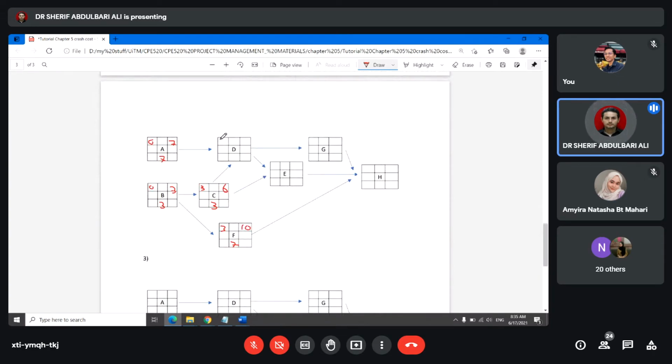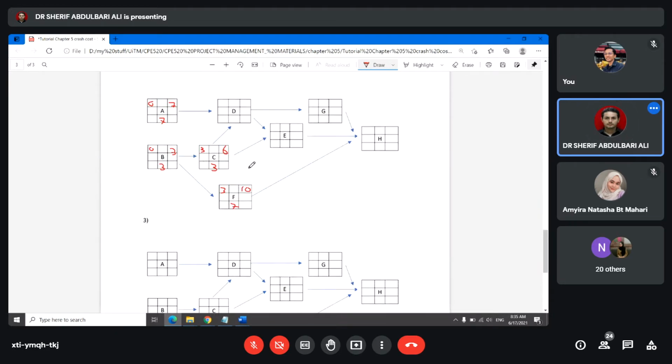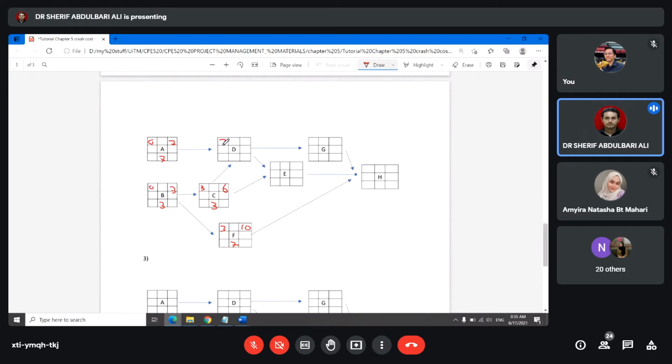So activity D, I can crash it as I said for 2 days. So this one is going to be 2 days. So here is going to be equal to 9. So 7 plus 2 is going to be 9. So when it's 9, I'm going to take the highest value.